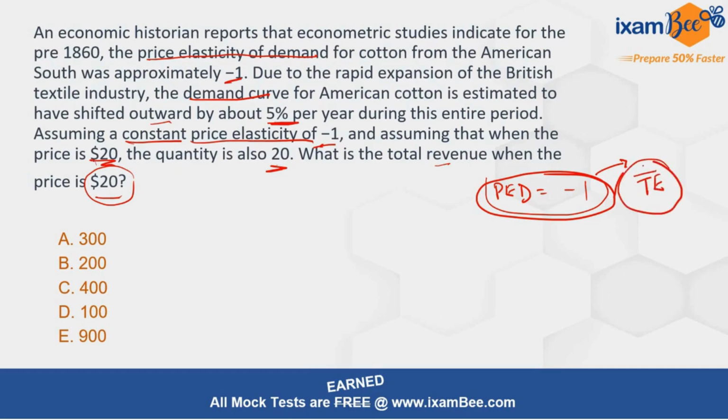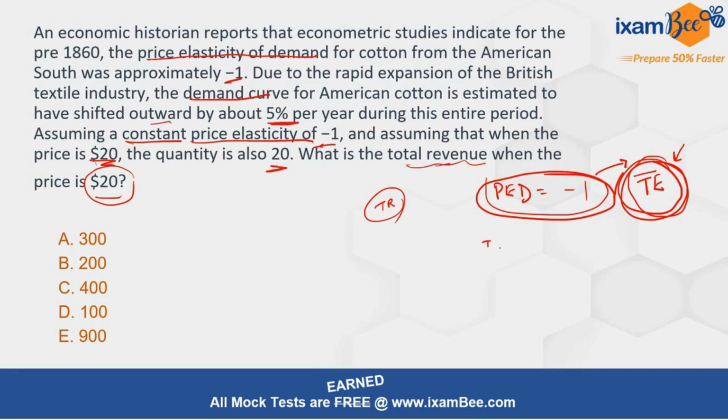This does not change. So total expenditure or total revenue, one and the same thing only, right? So you have to find out the total revenue here, which is exactly the same thing as finding the total expenditure, because this total expenditure we look at from the consumer side, but total revenue is what the producer receives. It's the same amount, just the way of looking at it is different.